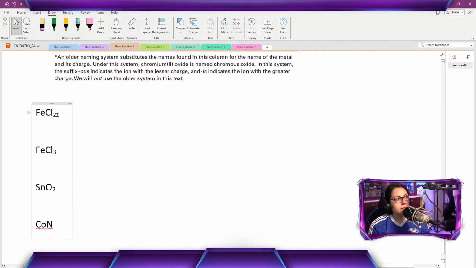So now take a look at these 4 examples. I'm going to give everyone a minute or so to work on them. And again, if you're watching, this would be a good time to pause.